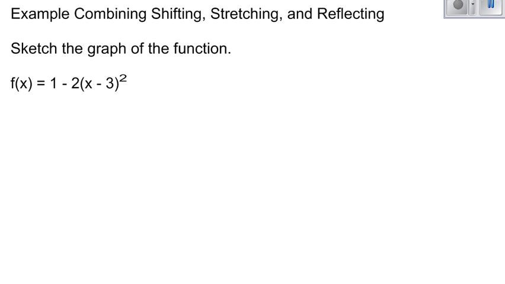For this example, we're going to combine several different things. So this is f of x equals 1 minus 2 parentheses x minus 3 squared. So the basic function is the x squared. This minus 3 is going to shift it to the right 3.